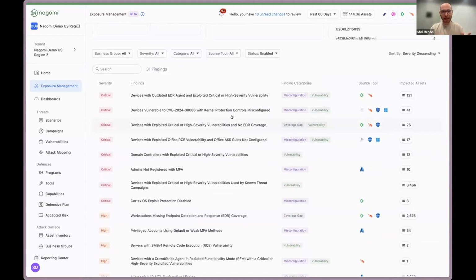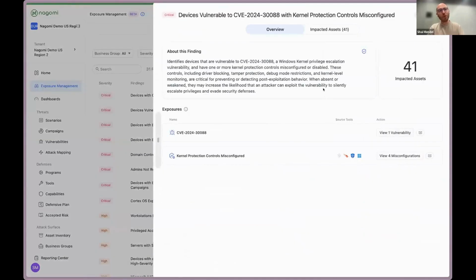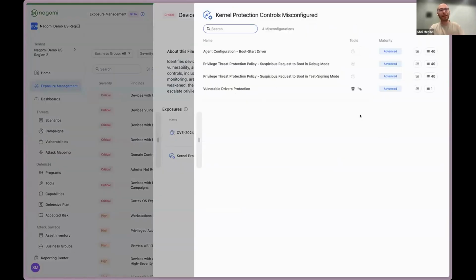Let's take an example here. So this organization, as you see, has tens of thousands of assets, but out of them, only 41 assets both have a critical CVE that is a kernel exploitation vulnerability, but those assets also have some key misconfigurations on the tool stack that you already have that could mitigate that detection rule, this actual exploit, right?